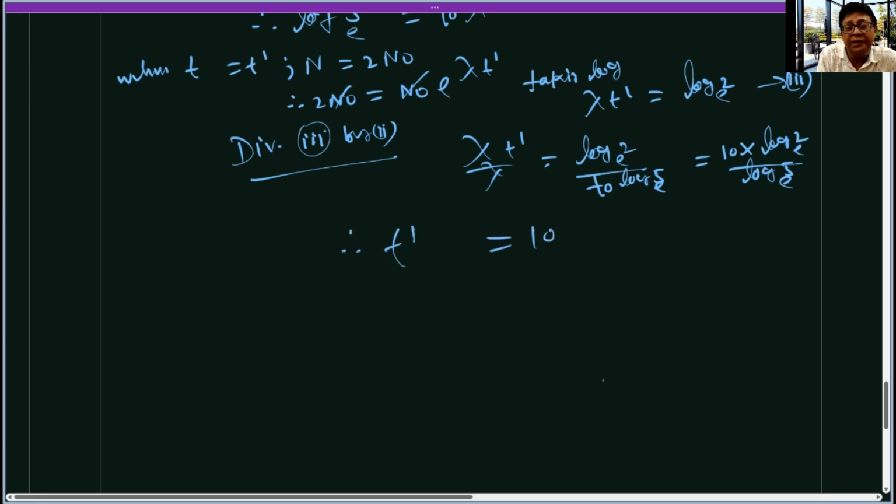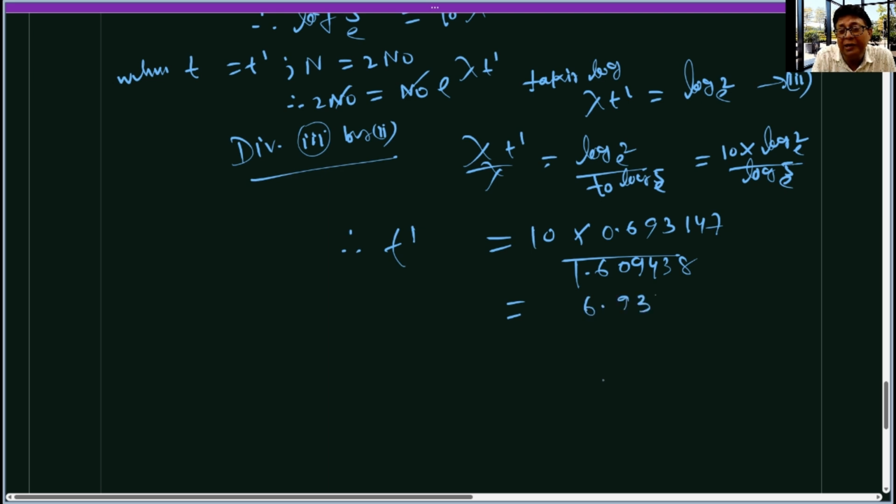T dash will be 10 into log 2 base e, which I found as 0.6931, we saw in the previous sum, and in this sum log 5 base e. You can go through the table where the exponential base is given. Log 5 base e is coming 1.609438.